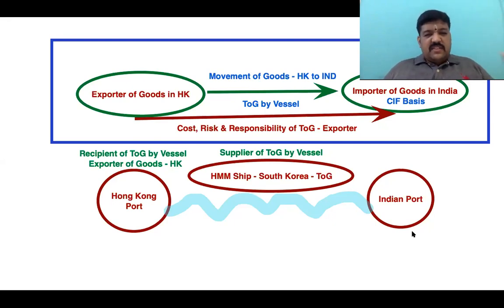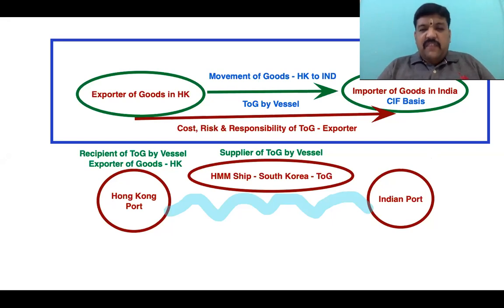Kindly make a note, this is a very dangerous position, because your supplier is outside India, the recipient is outside India, and there is a movement of goods from a place outside India to India, with a beneficiary of this movement of goods. A last question of mine: in this whole transaction, there is a beneficiary.